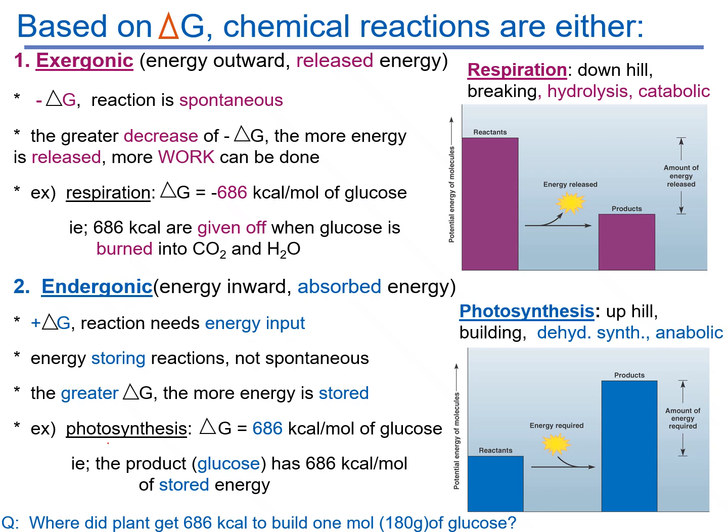How that works is that the plant will perform both photosynthesis and cellular respiration, but the plant gets all of its energy from the sun. So the sun is the main source of energy for plants.